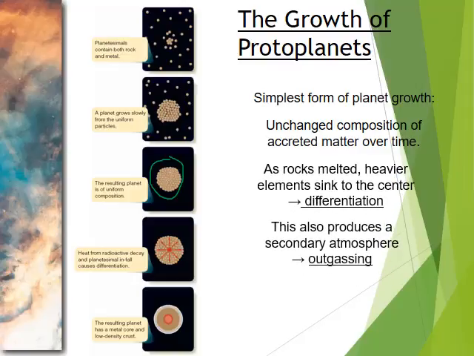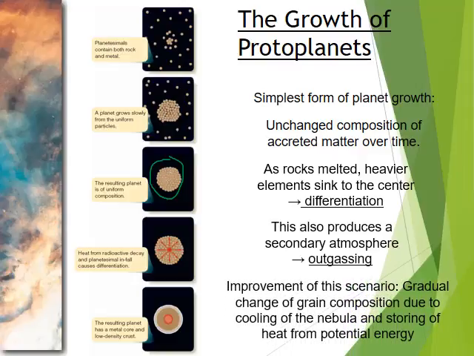Differentiation is when you have different materials of different densities. The dense stuff is going to sink to the center, and the less dense stuff is going to move toward the surface. And that's what happens. You wind up with a resulting planet that has the dense stuff in the middle at its core, and the less dense stuff out on the outside. That's called the crust.